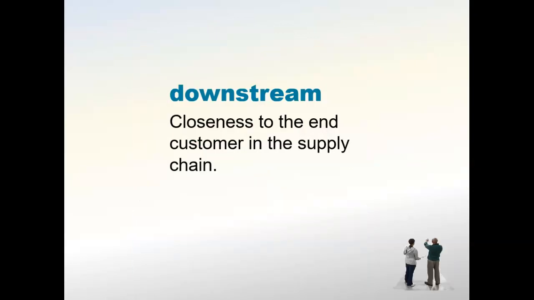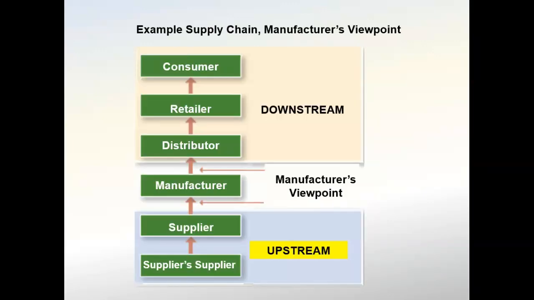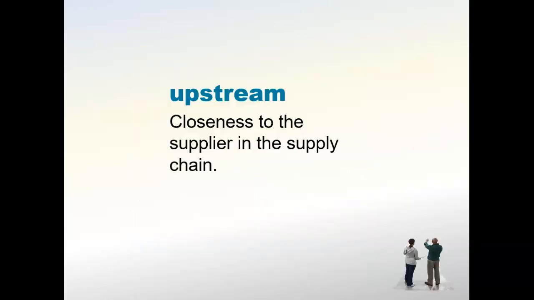So for definition purposes, downstream refers to the closeness to the end customer in the supply chain. In contrast, the retailer in figure 9.2 would consider the distributor to be an upstream partner. So for definition purposes, upstream is the closeness to the supplier in the supply chain.